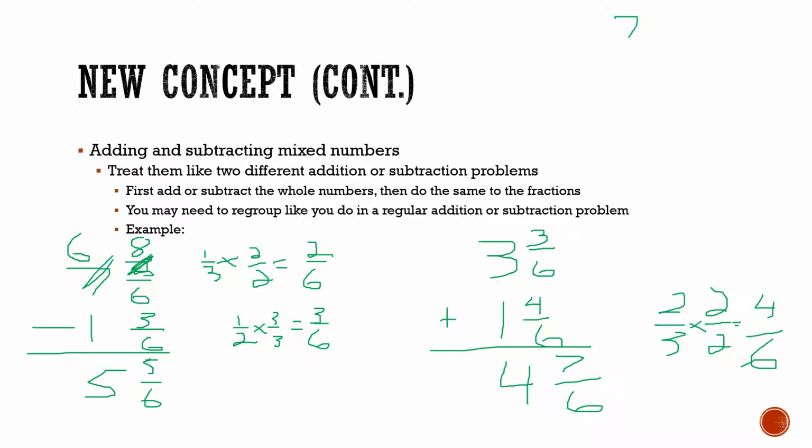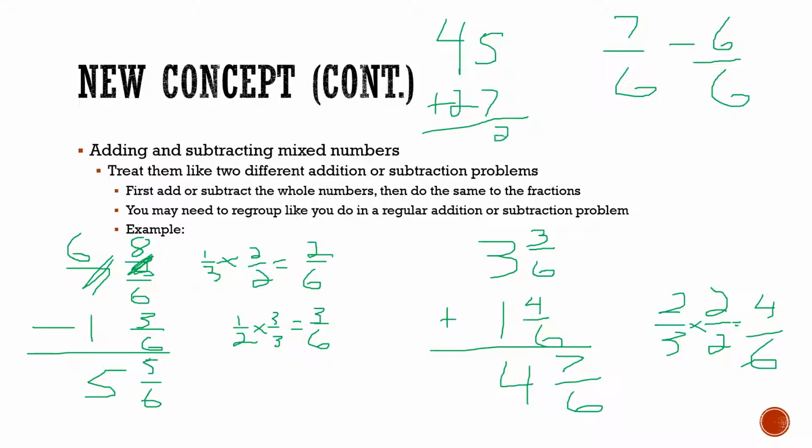So I need to take away 6/6. It's like when you're adding 45 plus 27, and I'm adding 7 plus 5, it's 12, but I can't write 12 on the bottom.